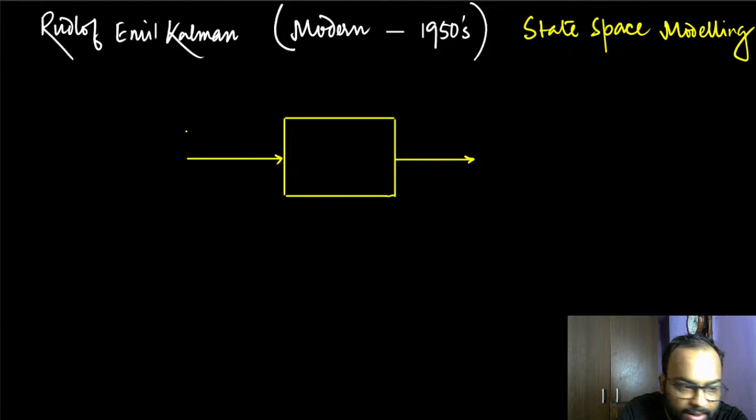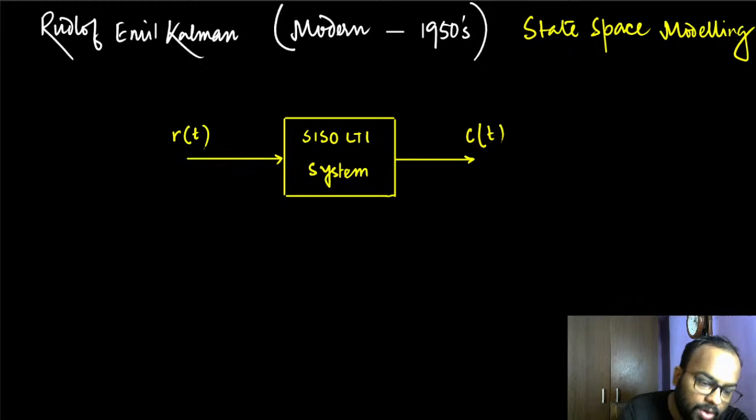The input does not have to be a unit step, it's just some input. Let me use the proper terminology here. The input is the reference, and the output is the controlled output, the controlled variable. And this is the system. So this is a SISO LTI system.